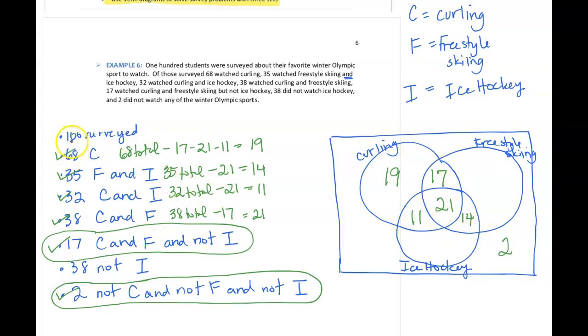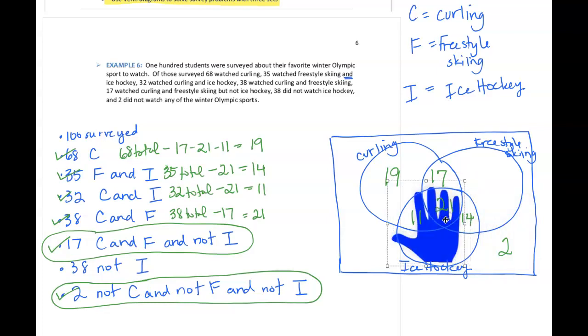I don't think we have enough information to try the 100 people surveyed because we still have too many unknown spaces, but there's another statement down here we hadn't used yet. 38 do not like ice hockey. Let's take our hand and hide the ice hockey set.